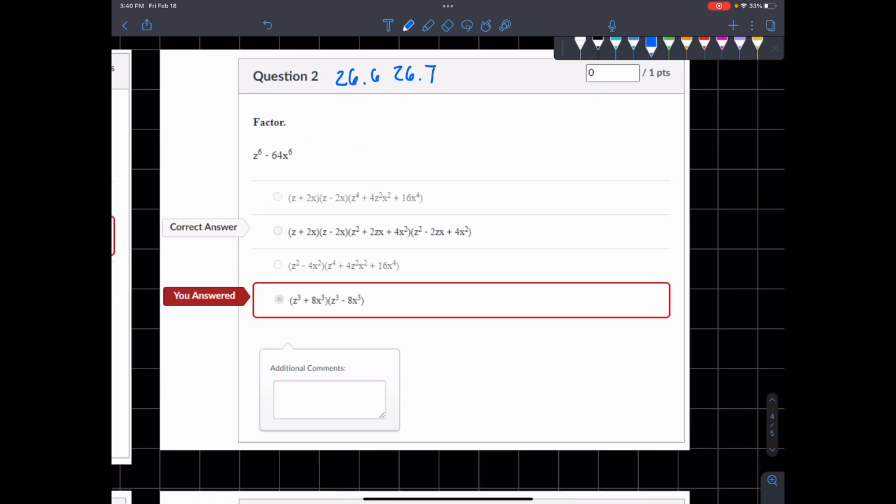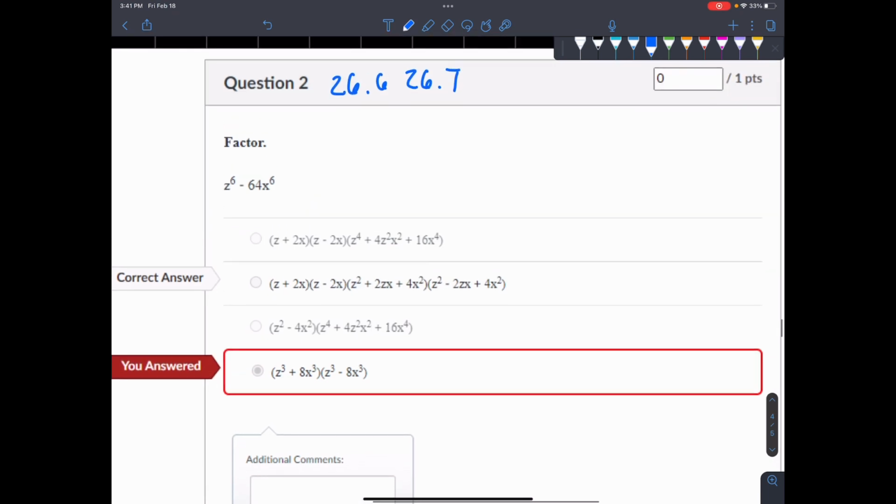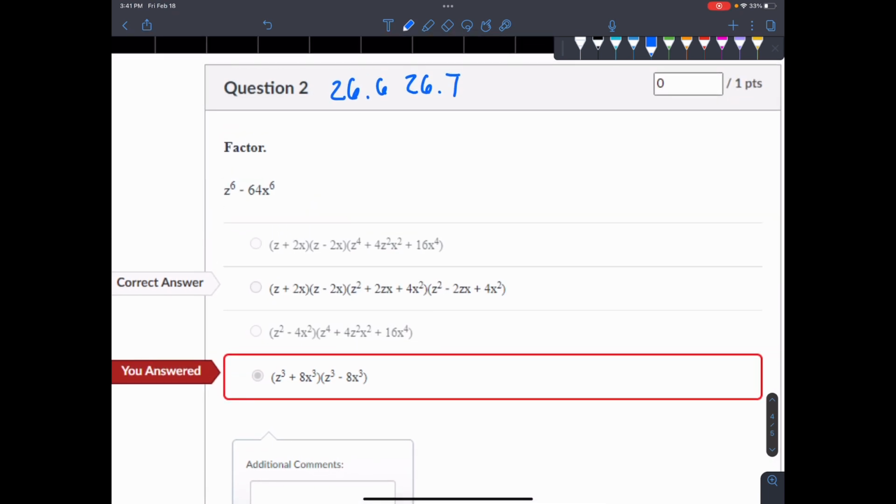Okay, so this is question 2 of 26.6, 26.7. The first thing I like to do is substitute other variables in for z and x so that we can decrease their powers, so it looks more like something we're used to working with.